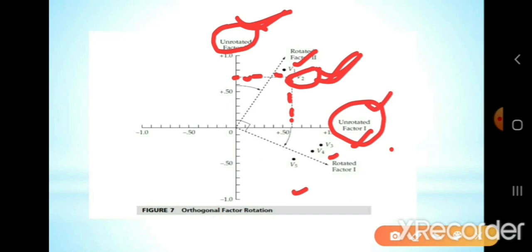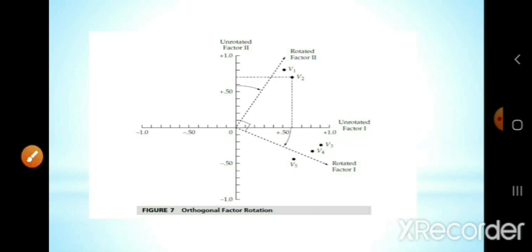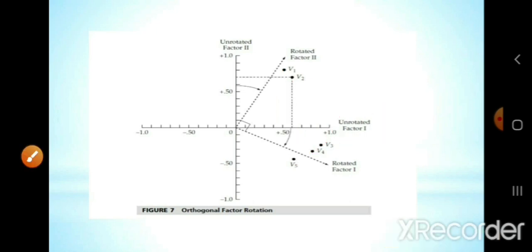On the unrotated first factor, all the variables load fairly high. For unrotated factor 1, the value is fairly high for all the variables.